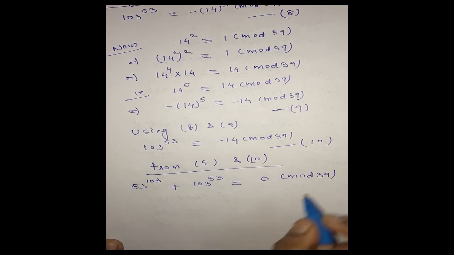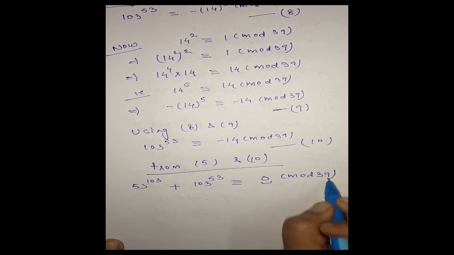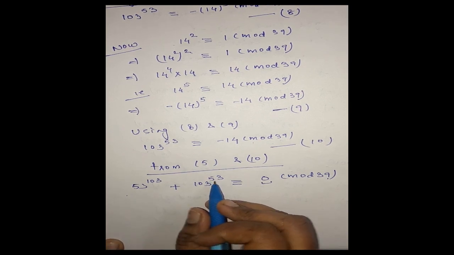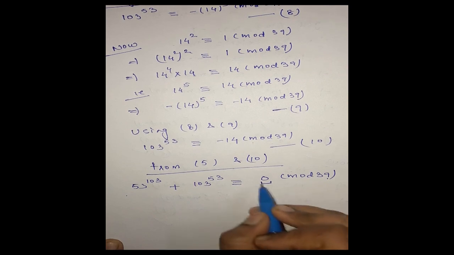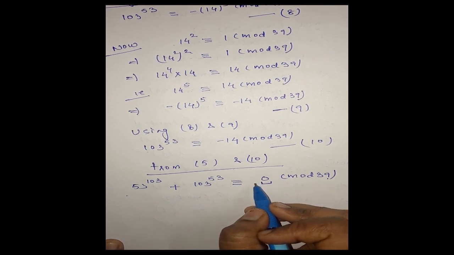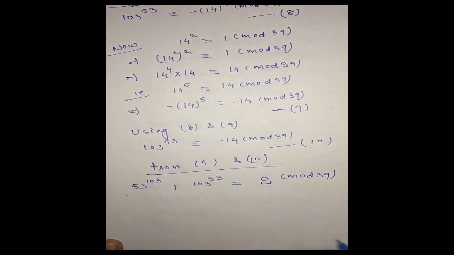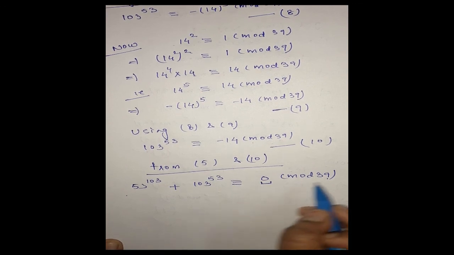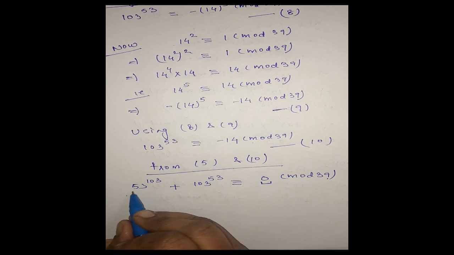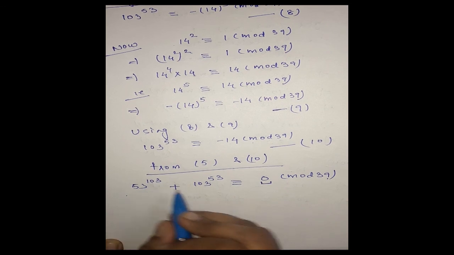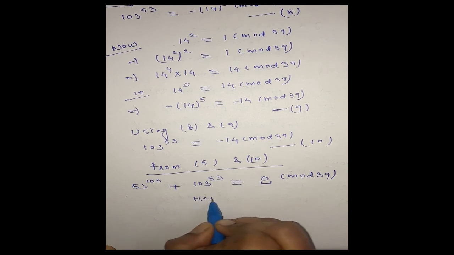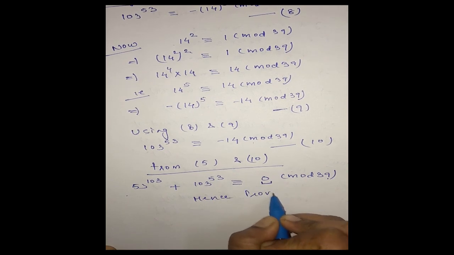That is, we are getting remainder as 0 when 39 divides 53 power 103 plus 103 power 53. Okay, that means here we are getting a plus b as 0. Remainder is 0. That means we are done. Since we are getting remainder as 0, this implies this integer 53 power 103 plus 103 power 53 is divisible by 39. Hence proved.